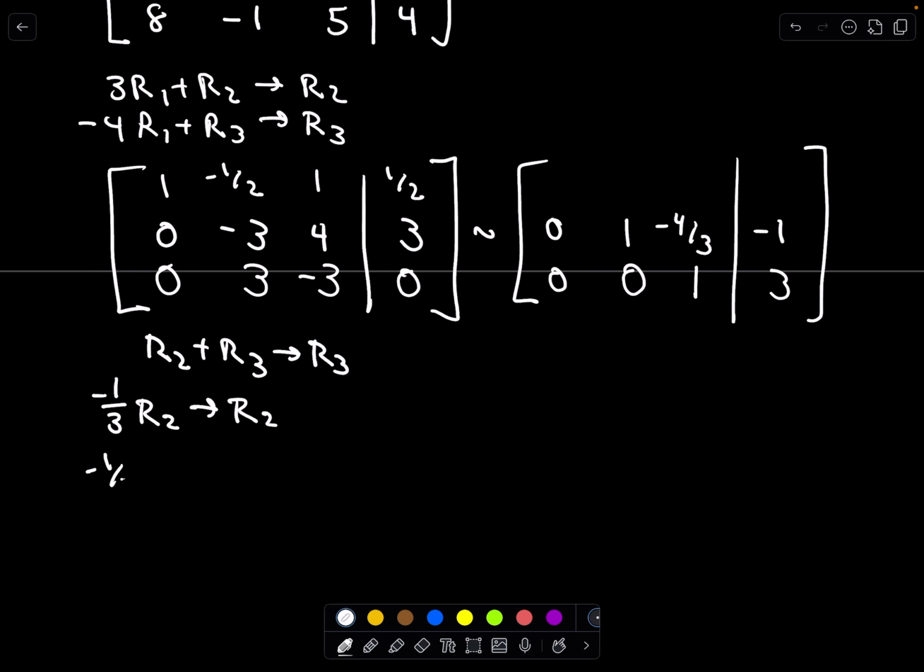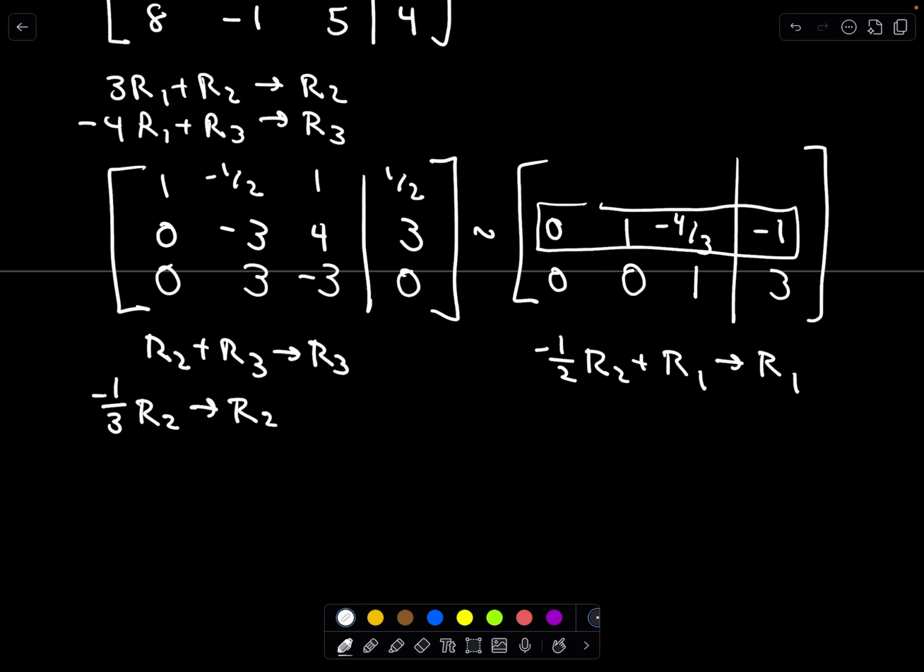So if I take negative 1/2 row 2 and add that to row 1, that could become my new row 1. So really I'm taking this row, multiplying it by negative 1/2 and adding it to this row to just save myself a little bit of writing.